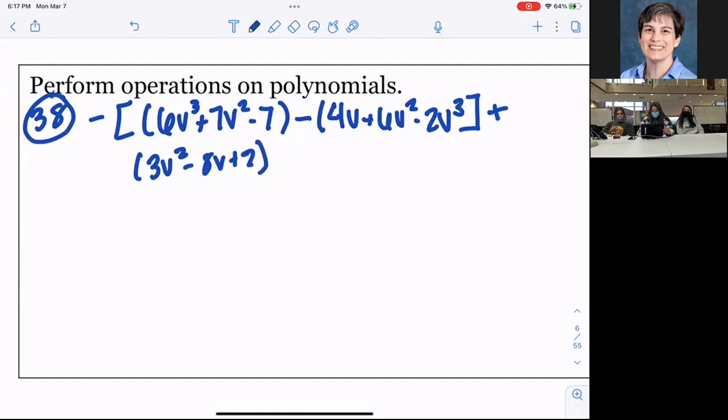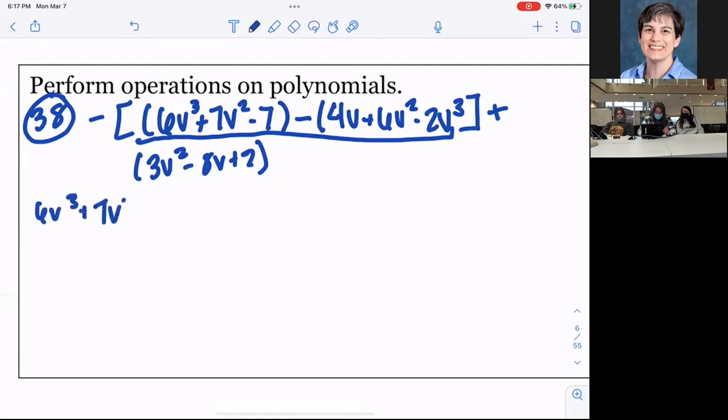Okay. The first thing I would do here is do this right here. All of that on the inside, okay? So if I've got 6v cubed plus 7v squared minus 7, then I have to distribute this negative to get rid of those parentheses.